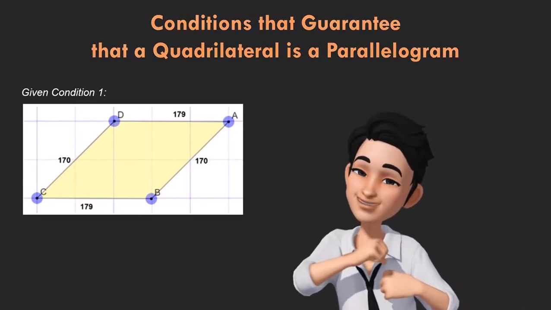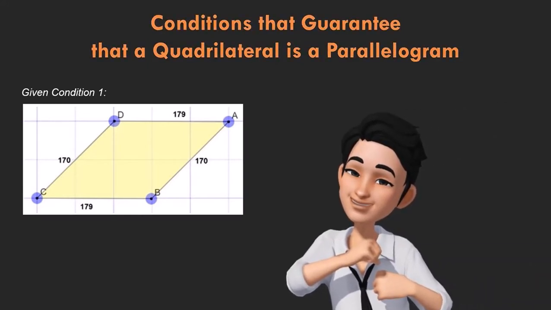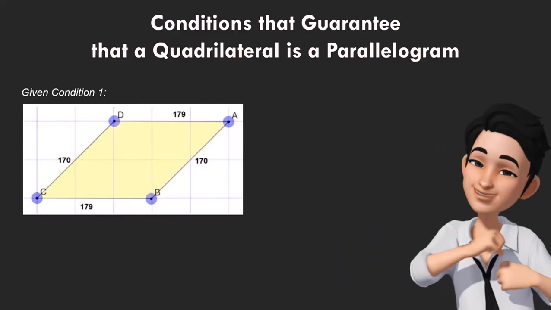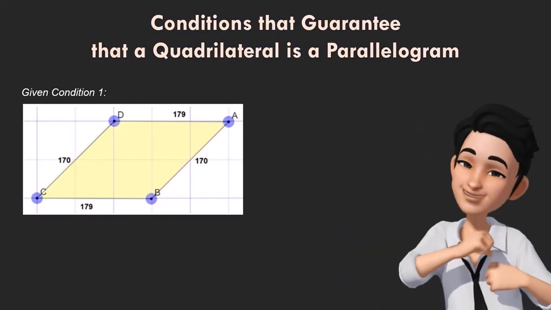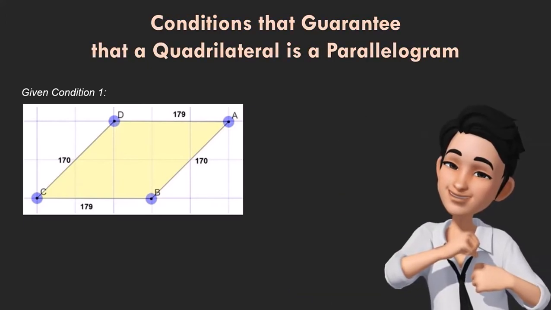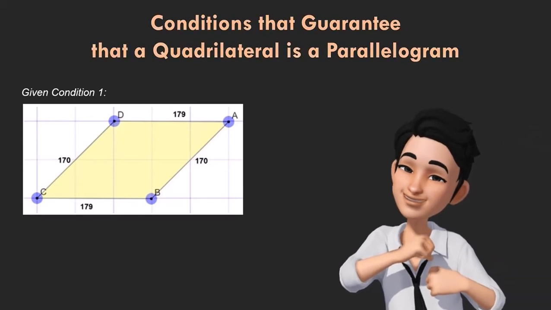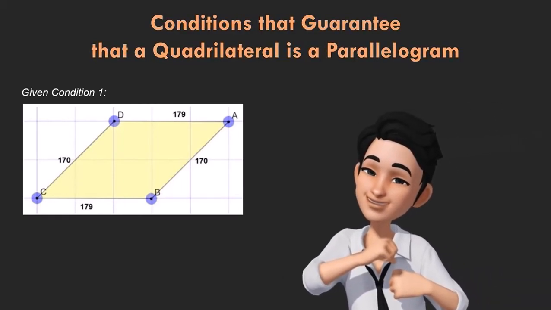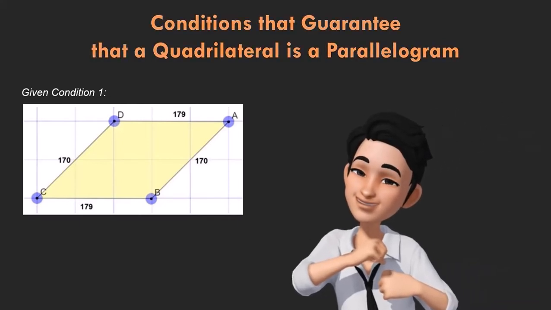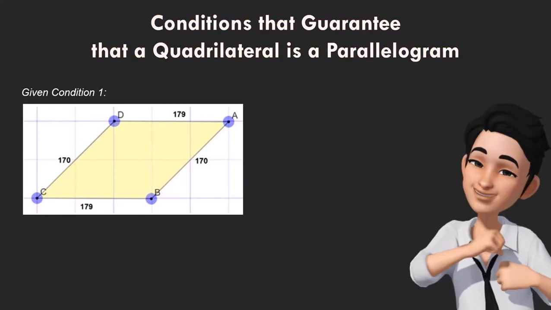Now, looking at the illustration, you have a quadrilateral ABCD with side measures 170, 179, 170, and 179 units. Notice that the opposite sides measure the same. Recalling the properties we learned, we can say that this given quadrilateral is a parallelogram.